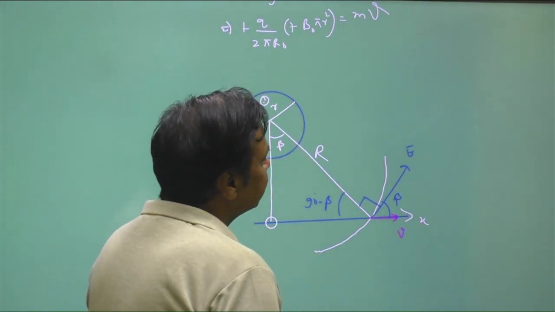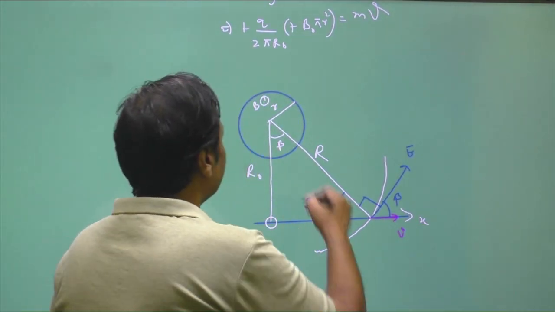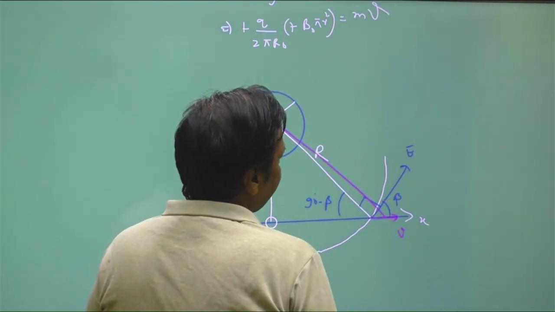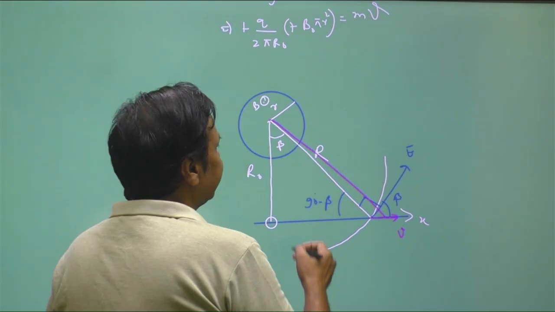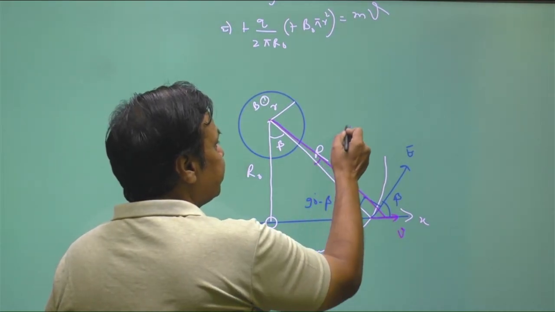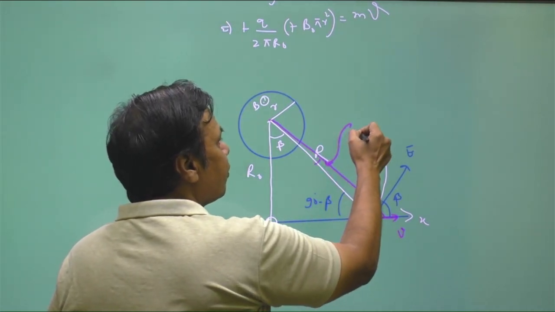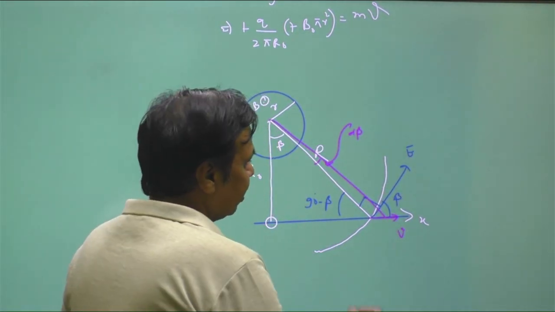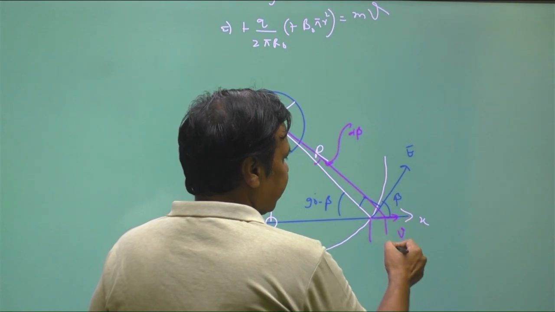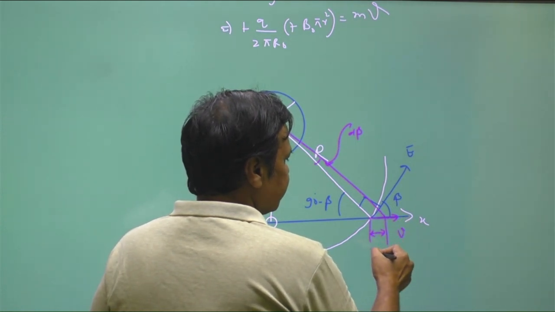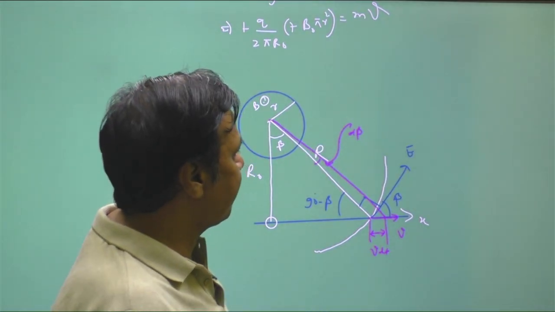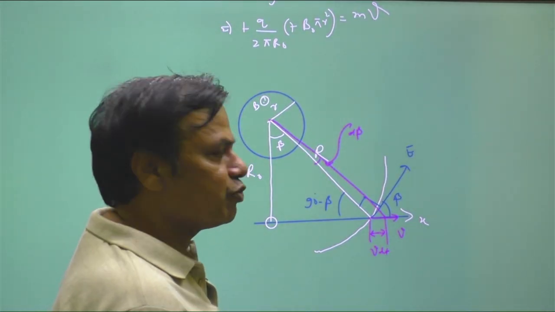The sphere is here and it has a velocity v, and it can describe an angle d beta in time interval dt, and it will travel a distance v dt in a time interval dt.